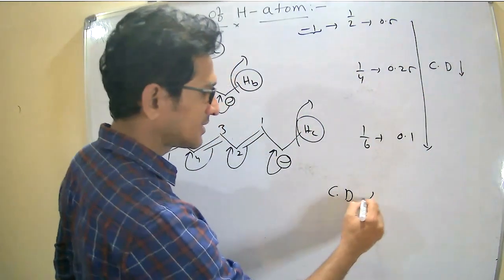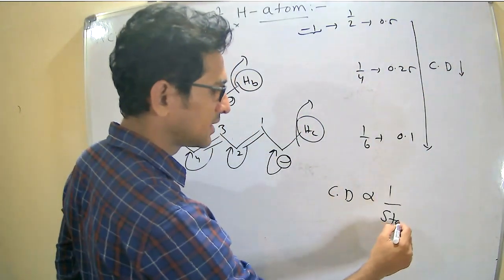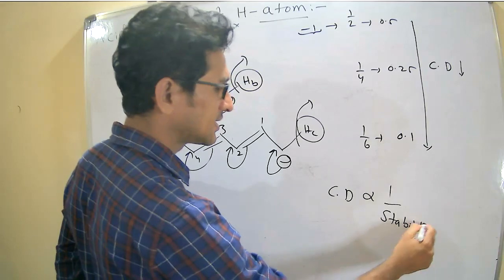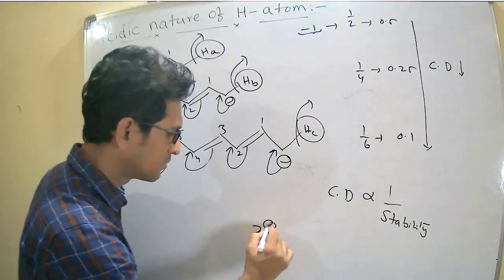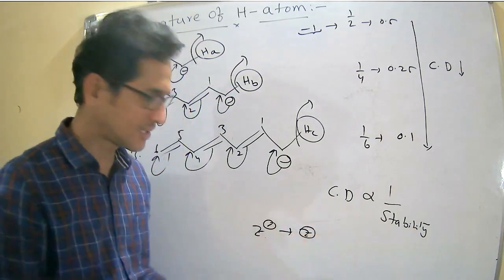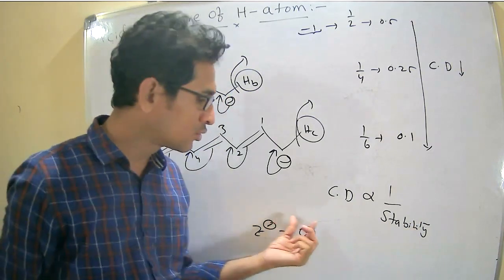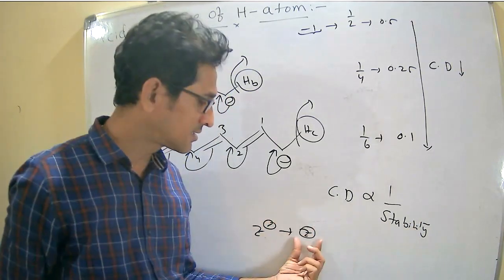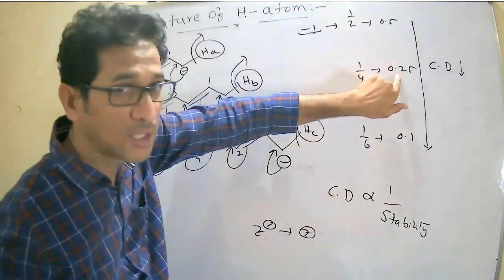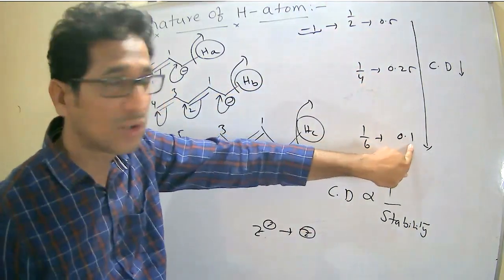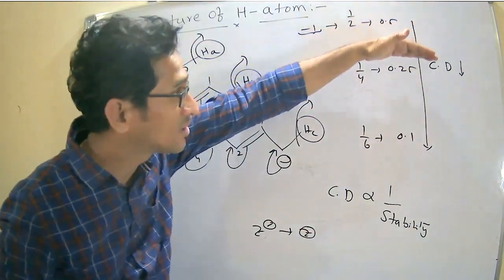Charge density is inversely proportional to stability. We know that a Z minus to Z is the stable substance; the negative charge needs to be neutralized, then it is stable. Here the negative charge is 0.5, then 0.25, then 0.1.